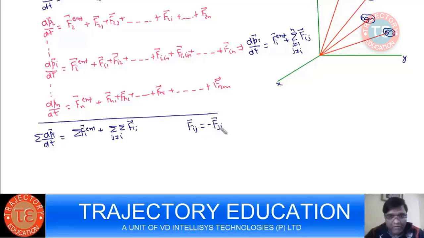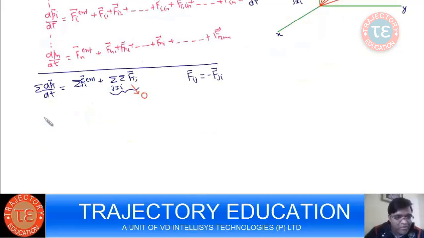So in this term, for every Fij you have Fji such that they are equal and opposite. So this term is going to become 0, and this will become d by dt of sigma Pi equals FiExt.